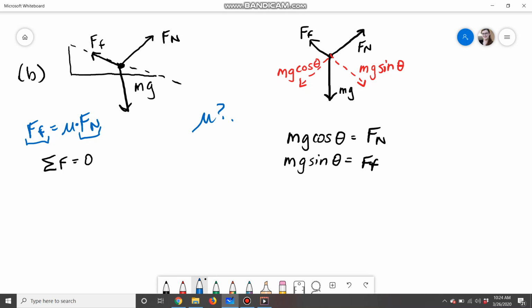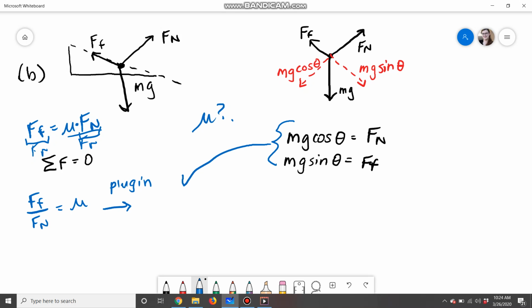To do that, all I have to do is divide both sides by the normal force. So I end up with the frictional force over the normal force is equal to mu. Now we plug in these values.